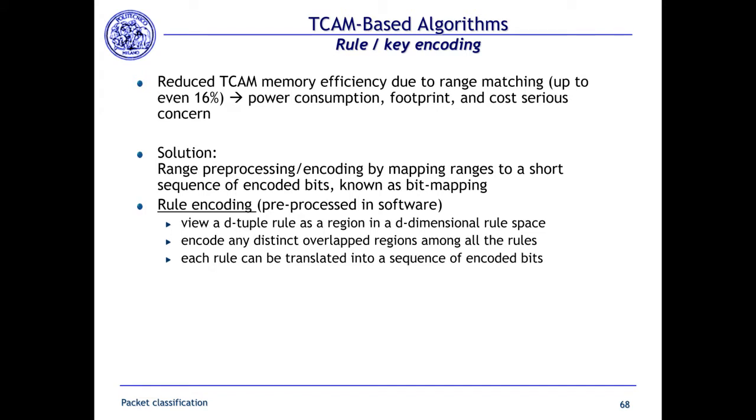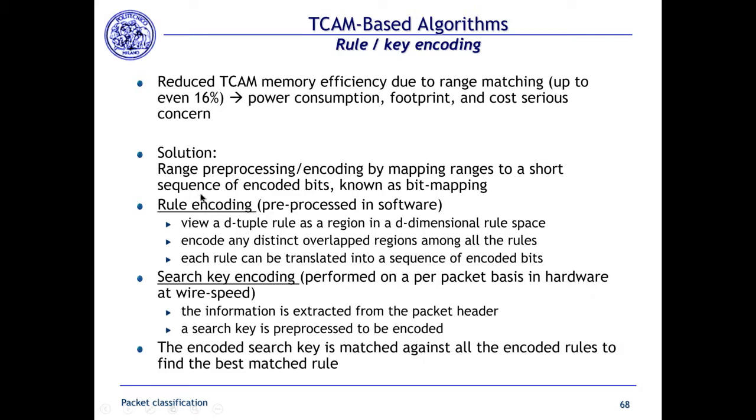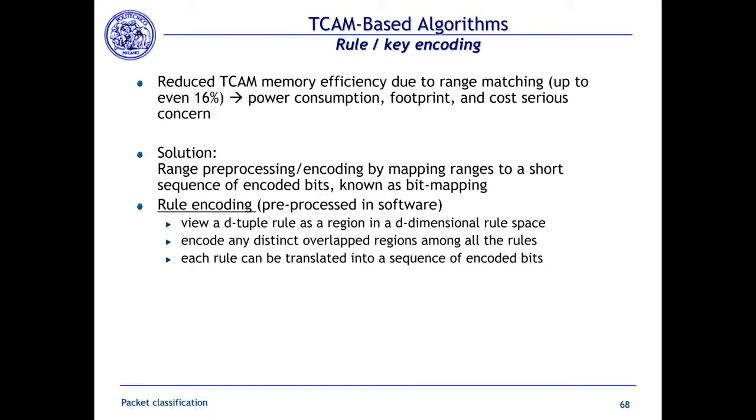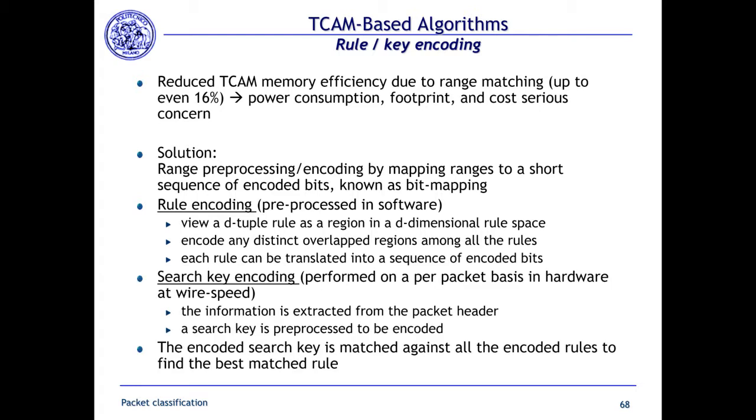And this is called rule encoding. This can always be pre-processed. So we can view a d-tuple of rules as a single region in a d-dimensional space. And then we can encode the overlapping regions and translate the rules into a sequence of encoding bits. Since we are doing a rule encoding, we have also to encode the search key.